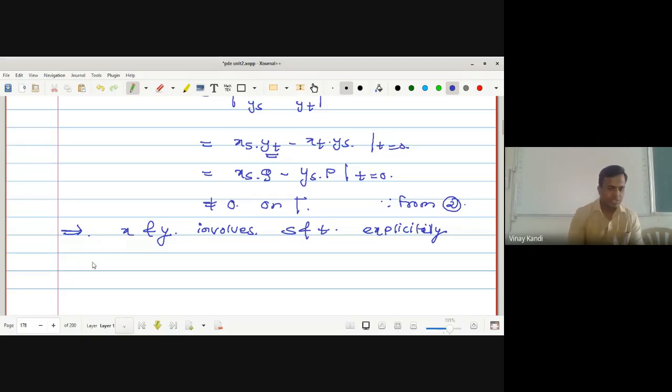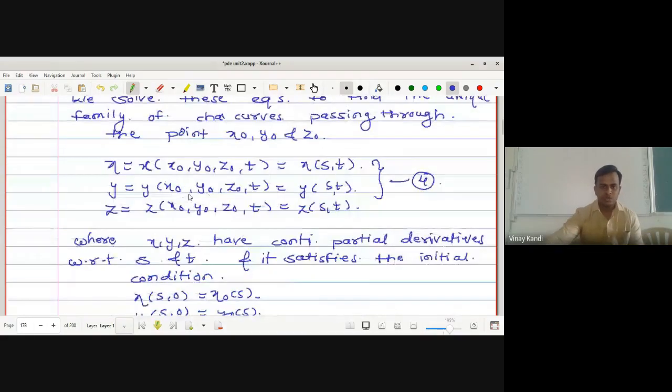Okay, so hence solving the first two equations of 4 for s and t, we obtain the relation phi of x, y. Okay, from these equations, x of s, t and y of s, t, by solving these two conditions, we get the relation between x and y, that is phi of x, y.